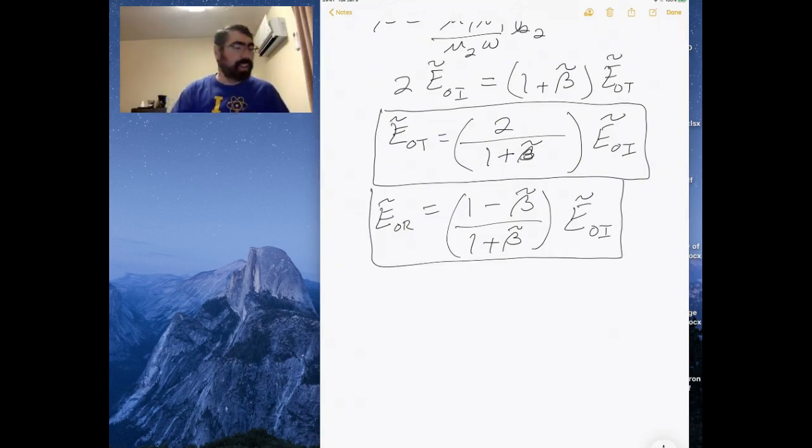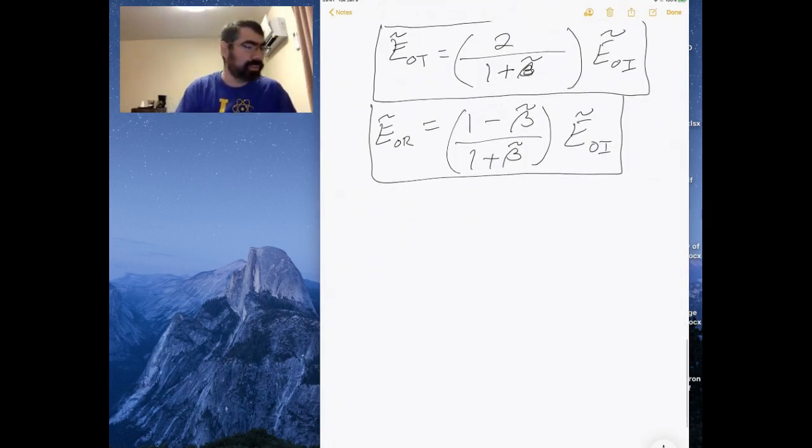Okay, so now we have solved for the amplitude of the transmitted wave and the reflected wave in terms of these different constants. So I could think of now a specific case, and that is, what if I have a perfect conductor.